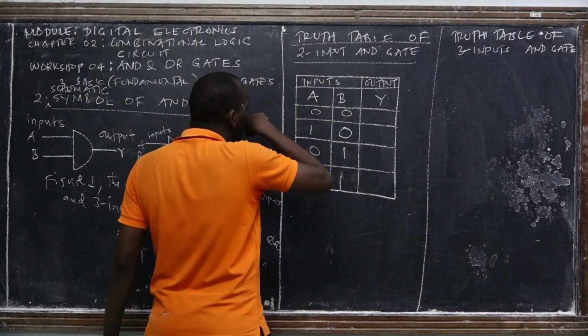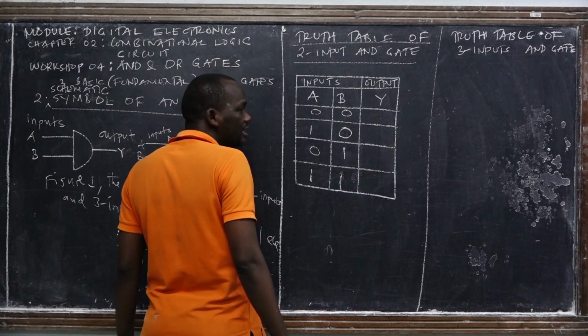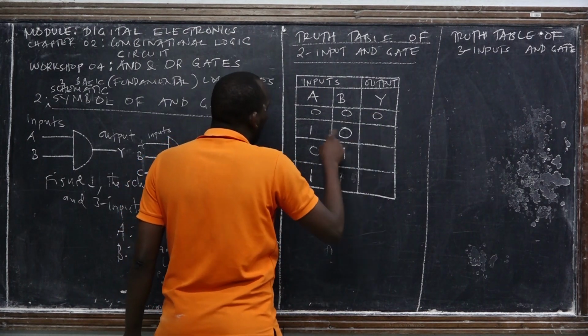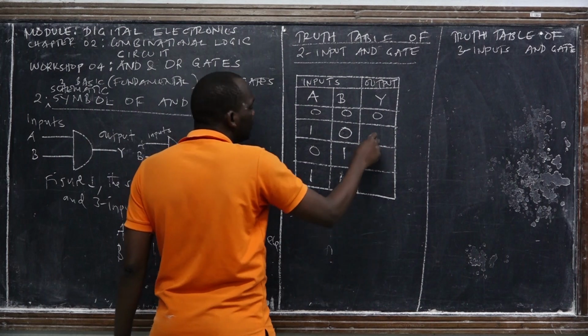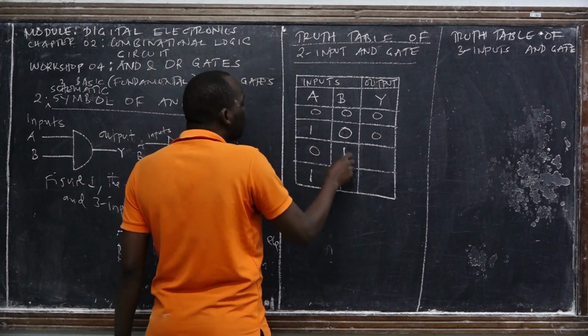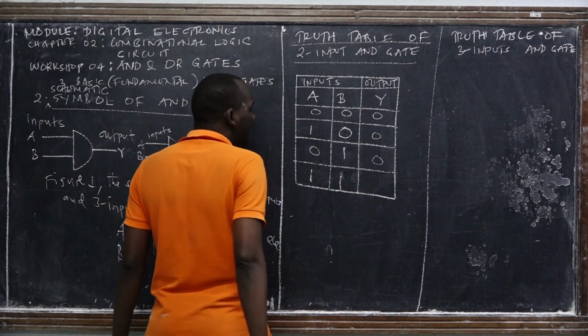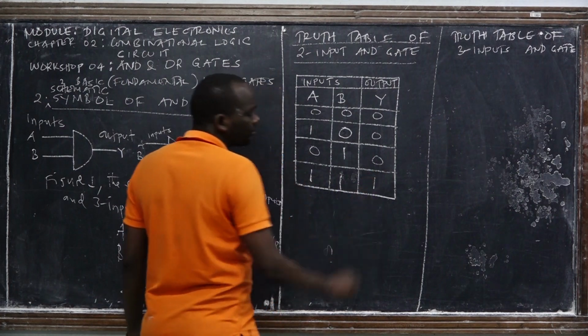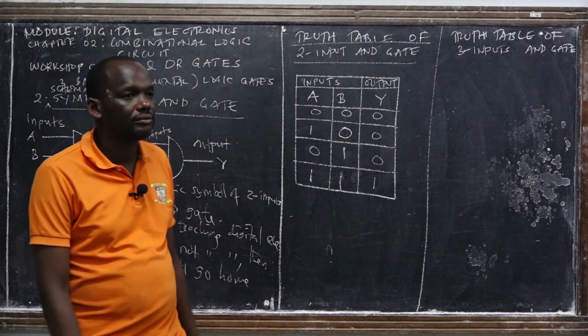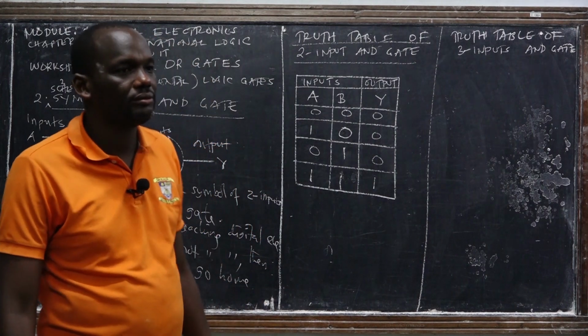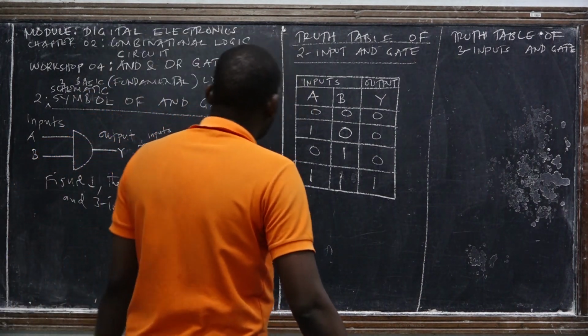So 0 times 0, 0. 1 times 0, 0. Then 0 times 1, 0. 1 times 1, 1.